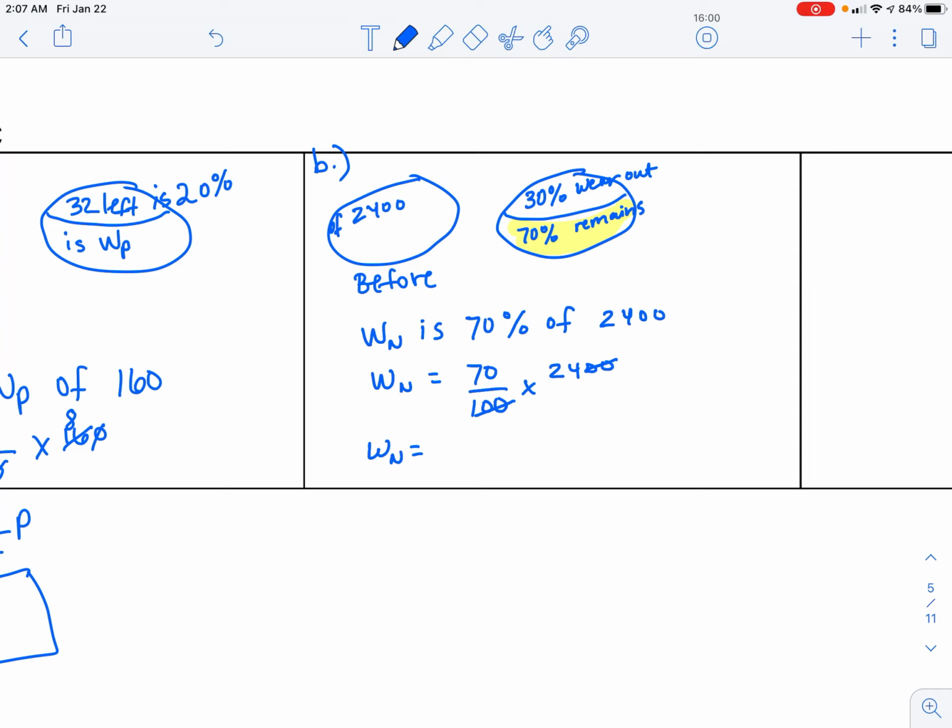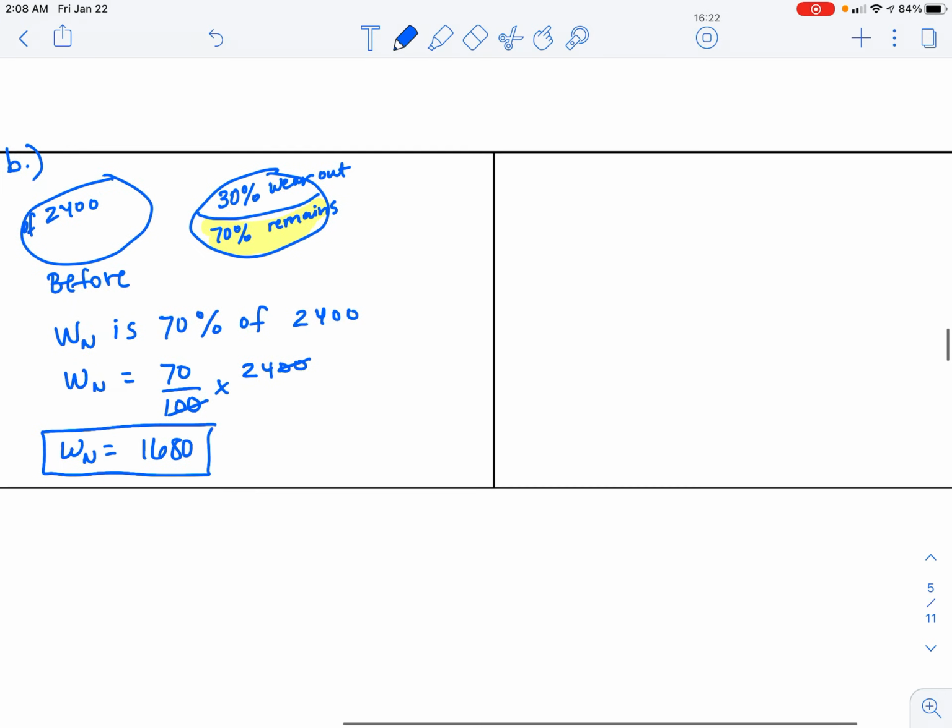And we'll just do the math. 70 times 24 is 1,680. So that's how many thongs remain at the end of the year. 70% of 2,400 is 1,680.